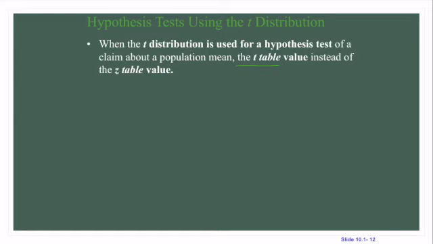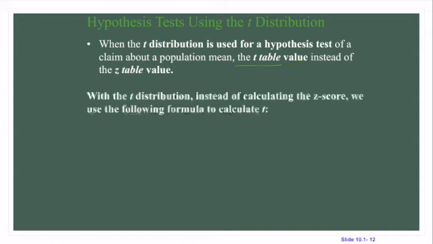With the t-distribution, instead of calculating a z-score, we have something fun and new to calculate, and that's going to be a t-score. Now, this should look oddly familiar to a z-score. The only difference is we use our sample standard deviation, because when we're finding a t-score, we do not know our population standard deviation, okay?